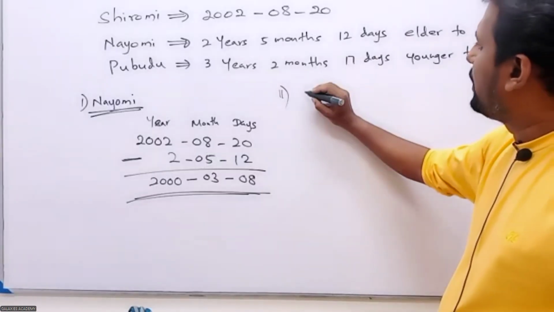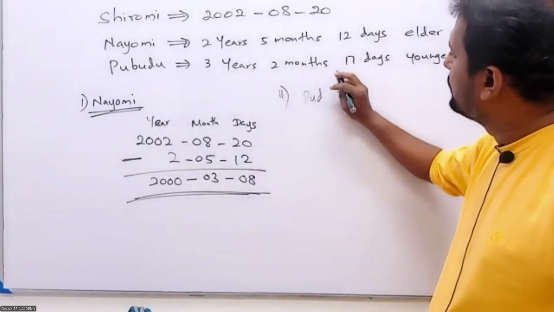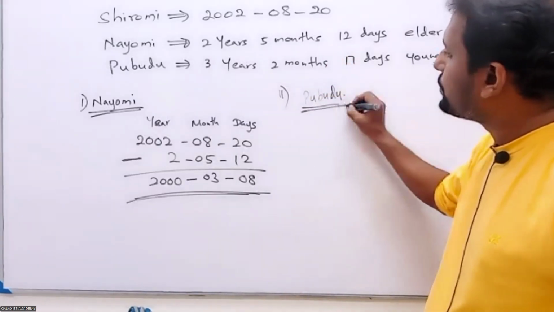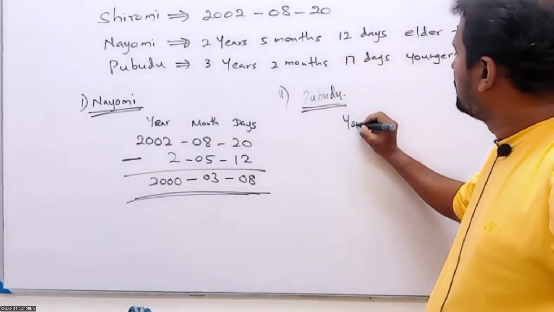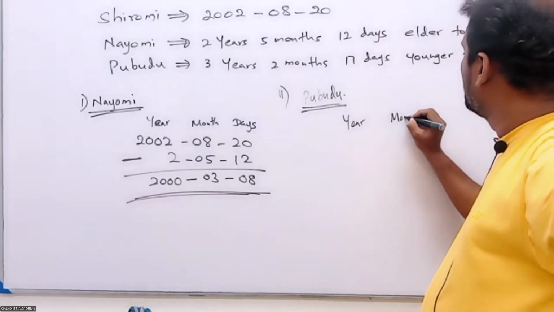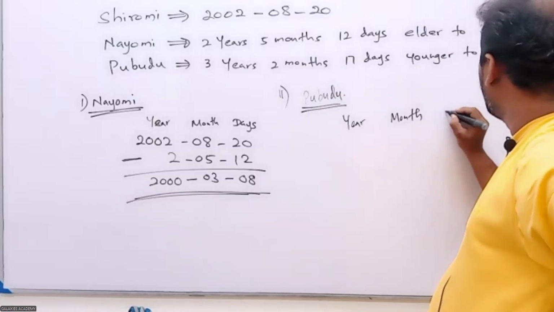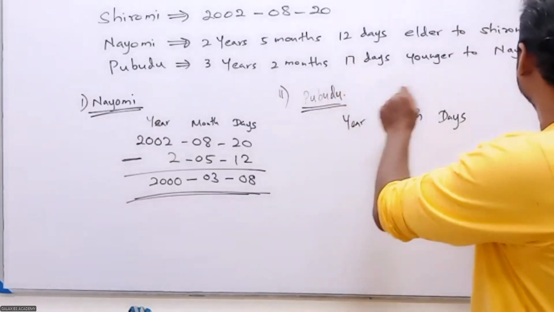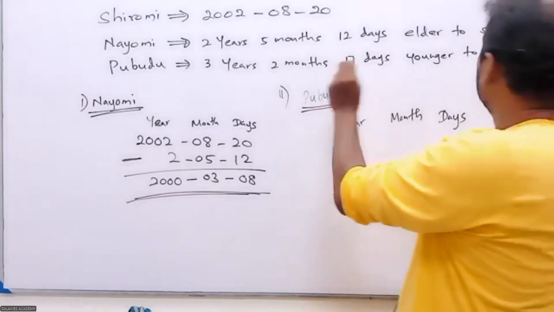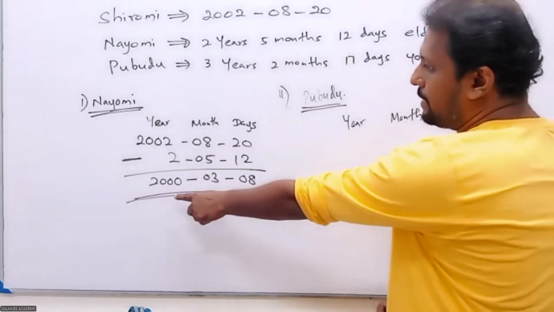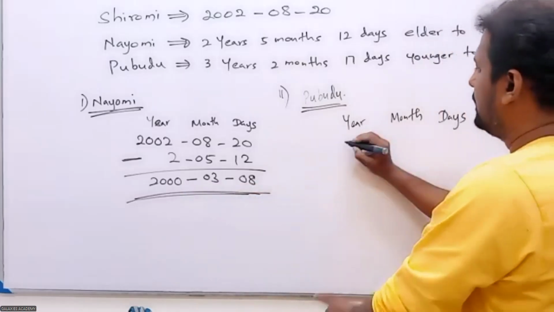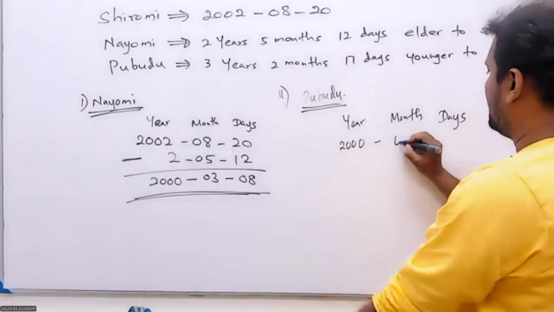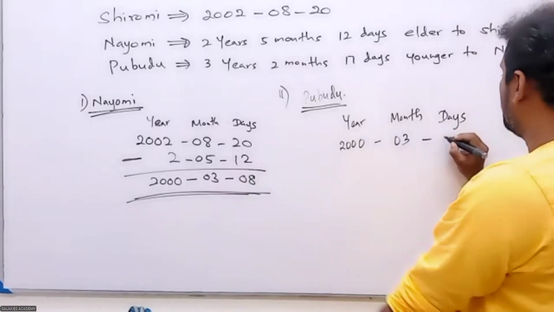Right. Now we can find Pubudu's birthday. Years, months, and days. Pubudu is younger to Naomi. First, I can write Naomi's birthday. The year is 2000, month is 3, and date is 8.